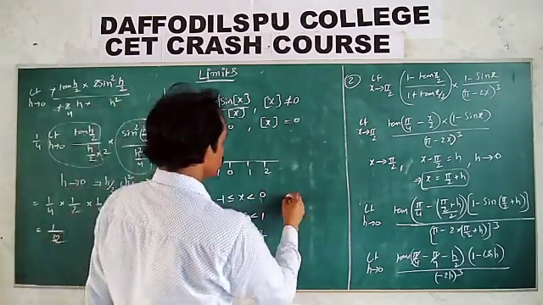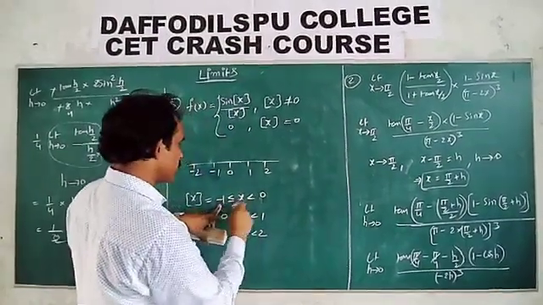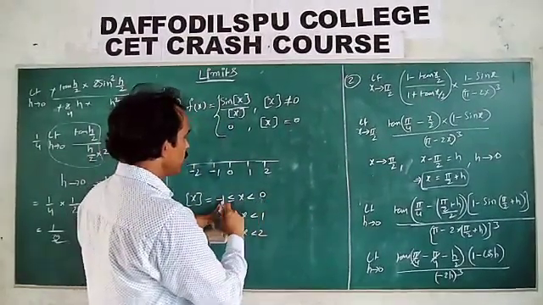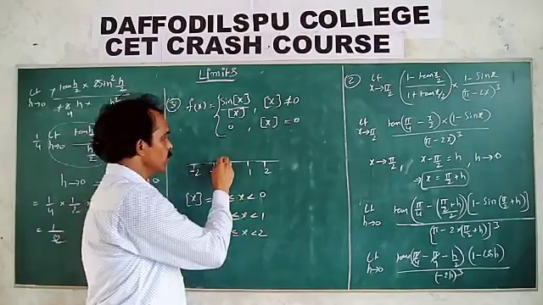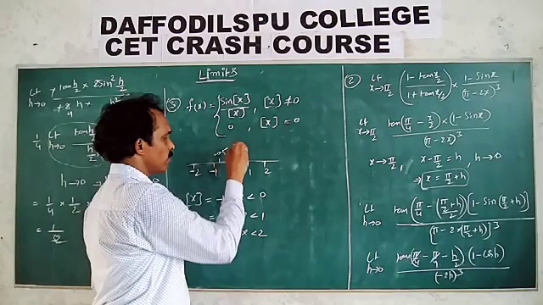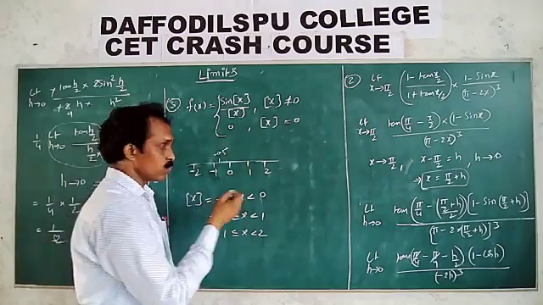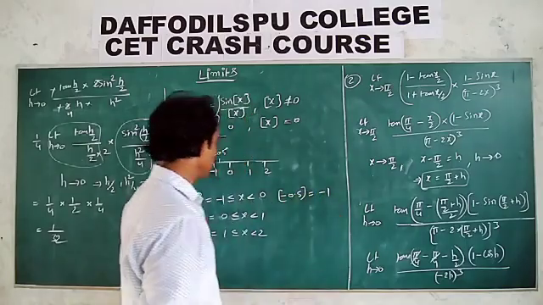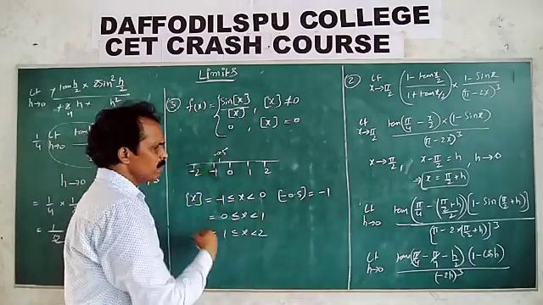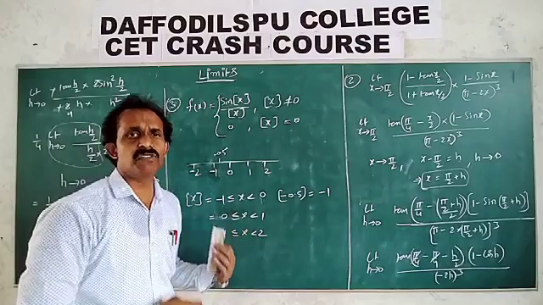For example, consider any value between minus 1 and 0. Suppose I take minus 0.5. What is the resultant answer? Minus 1. Therefore [minus 0.5] is equal to minus 1. Minus 0.5 is to the left of 0.